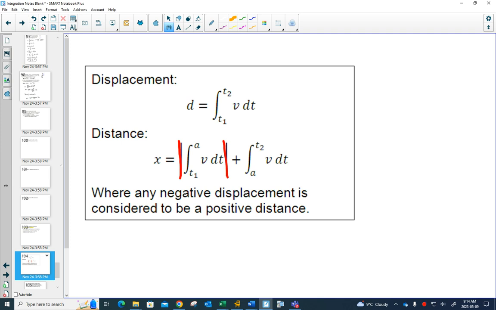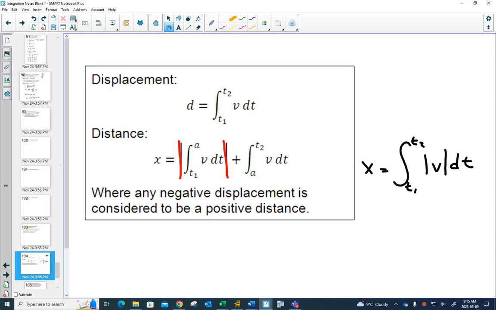If you were using technology right away from the beginning, I guess we're using x for distance, from T1 to T2, you could do the absolute value inside of the integral, because that would flip everything below the x-axis, making all of the areas under the curve positive to begin with, and that would get your distance.